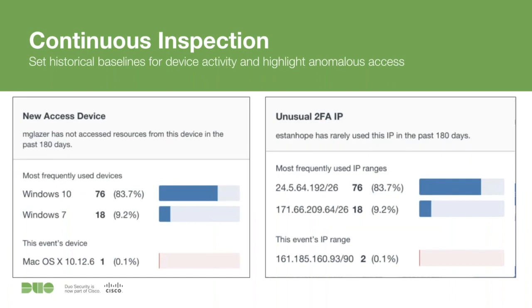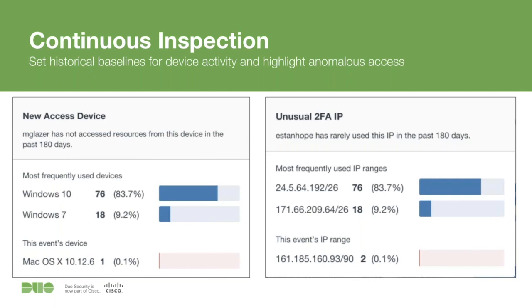The second thing that we're doing is we're also starting to provide analytics on the types of access coming from your devices and your users. So we can start to say a certain user has been using a particular device for most of their access attempts in the past 180 days. They always log in from a device running Windows 10, for example.